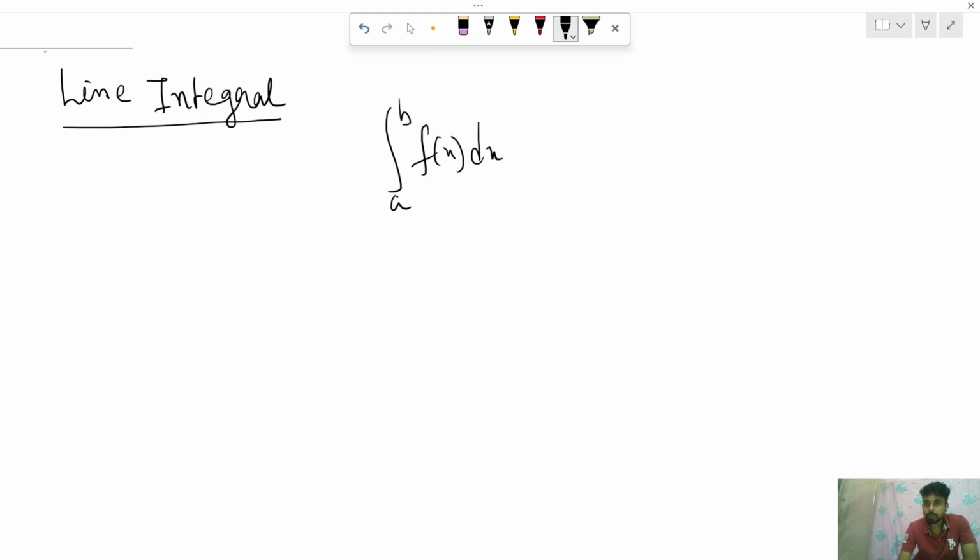Now, if I consider this is the xy plane, this is the x-axis, this is the y-axis, and this is the given function, here it is x equal to a, and this is x equal to b, and this is the function f(x).